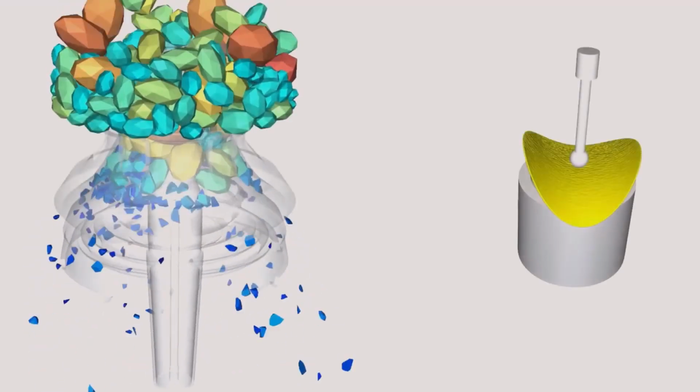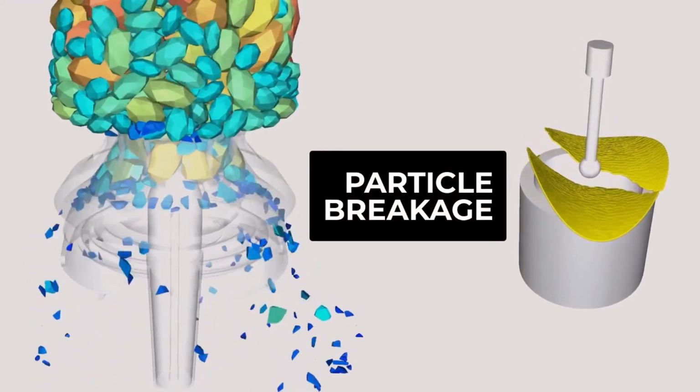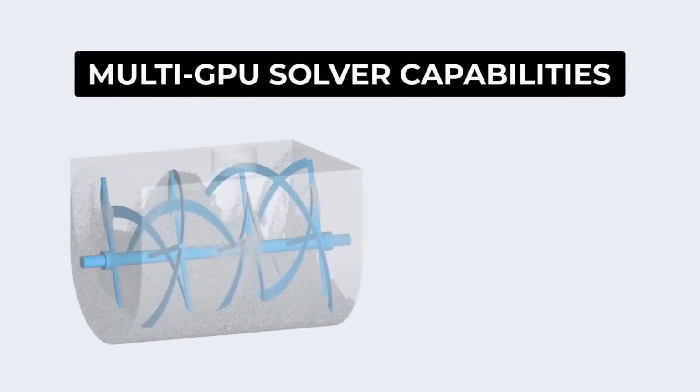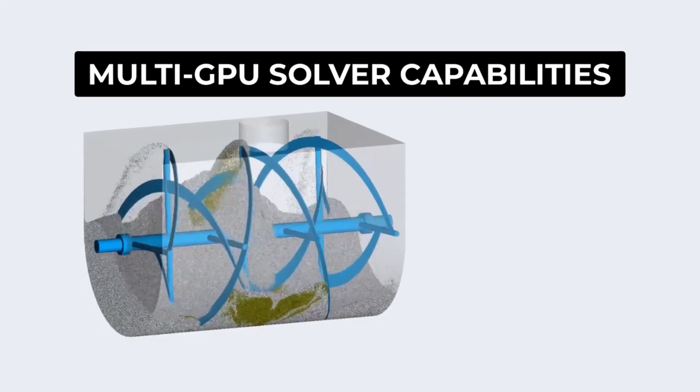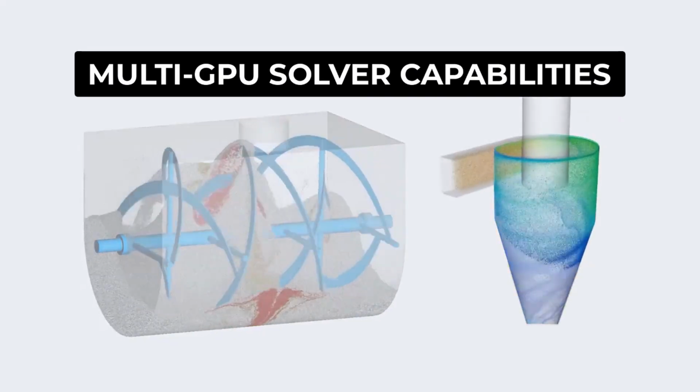Ansys Rocky can simulate breakage for particles of any shape and aspect ratio, capturing shape-dependent breakage and crack propagation. The multi-GPU solver overcomes memory limitations and can speed up large-scale simulations involving millions of particles without compromising accuracy.